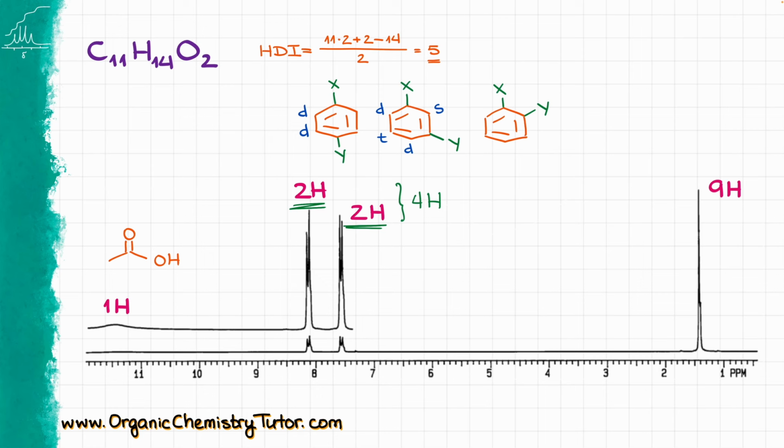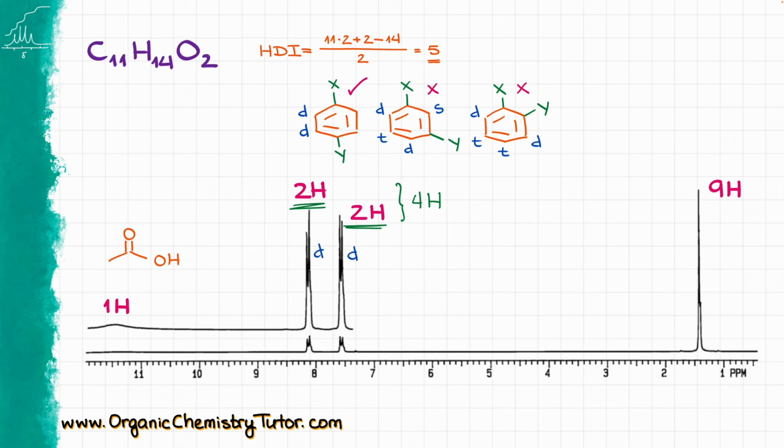And the ortho product, assuming that our X and Y are different groups, of course, we are going to have a doublet, triplet, and another doublet. Looking at the spectrum that we actually see here, we have what seems like two doublets, which means that the substitution pattern on our aromatic ring is what I drew initially and not the other two options.